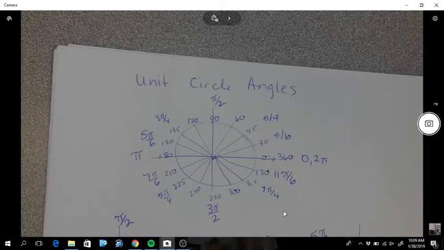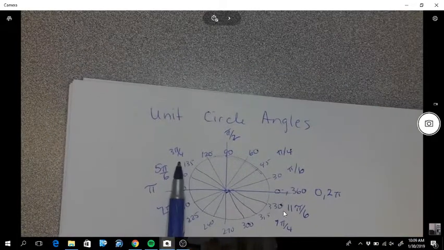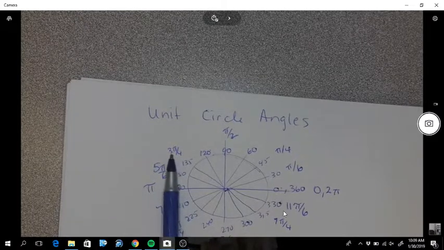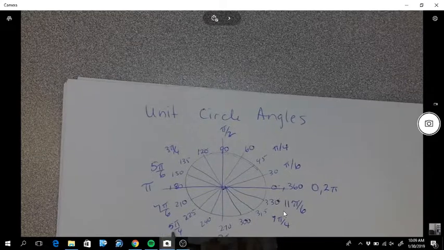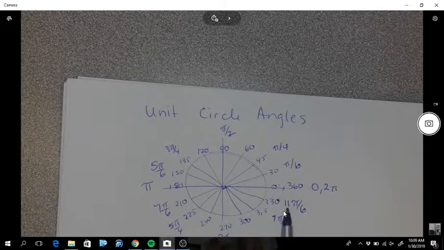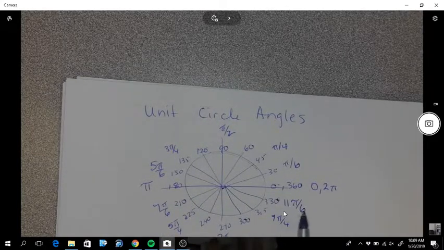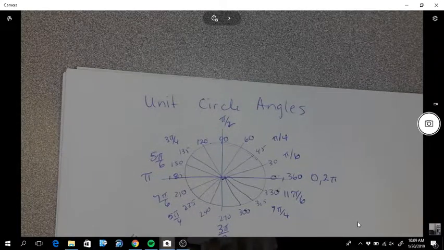So you can kind of see the pattern here, right? This is one less than being like 4/4 or 6/6. This is one more. And then this one in this quadrant will be one less than being the doubled number.